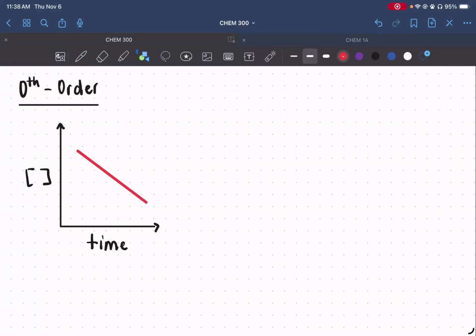And the slope is overall negative. If we generically label the chemical A, then we can actually adapt that y equals mx plus c equation.